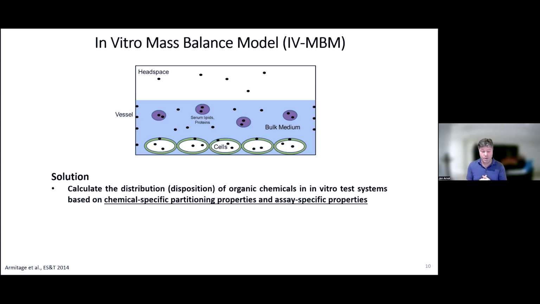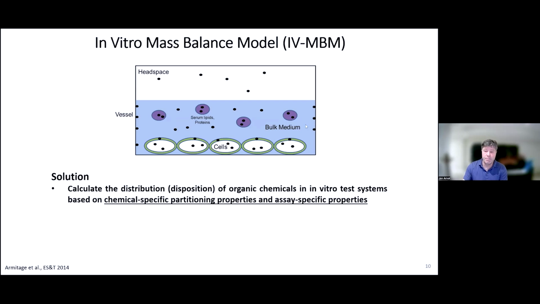There are various that have been published over the last 20 years. I'm going to talk about some of the work we published about a decade ago. It's referred to as the Armitage et al. model. What we're trying to do here is to address the fact that freely dissolved concentration, or the concentrations in cells, is not going to be the same for all chemicals in all assays. And it's possible, though, to calculate the distribution or disposition of organic chemicals in in vitro test systems based on the chemical specific partitioning properties like log KAW, log KOW, and the assay specific parameters.